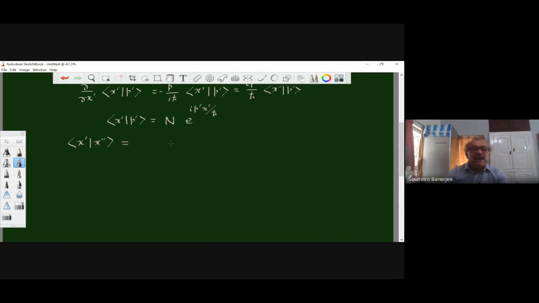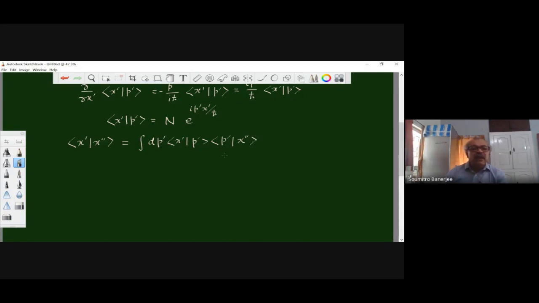But if you now expand it, it will be expanded in the p basis. It will be ⟨x'|p'⟩, and then expand in terms of p', ⟨p'|x''⟩.